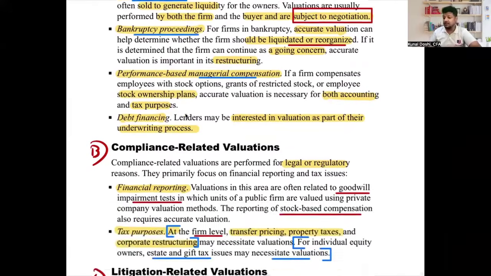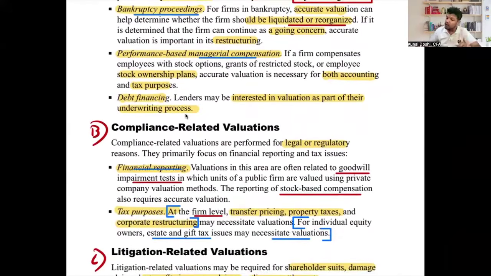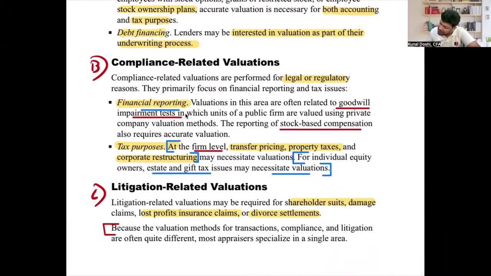Compliance related is for financial reporting, where we do impairment testing and goodwill impairment testing. For that we'll have to value the company, right? Or stock based compensation. Tax purposes also come under compliance valuation, where an individual who is a sole proprietor is planning to sell off the company stake and give it to their beneficiaries.